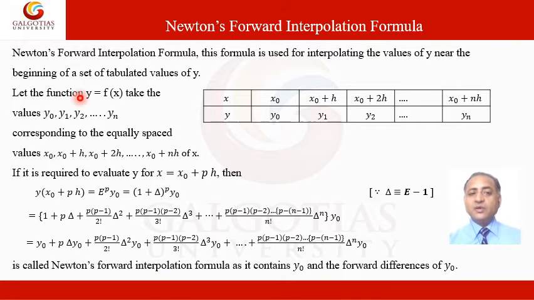Let the function y equal to f(x) take the values y0, y1, y2 and so on up to yn corresponding to the equally spaced values of x, and it is required to evaluate y at x near the beginning of the values of x, that is, we are considering x equal to x0 plus ph.